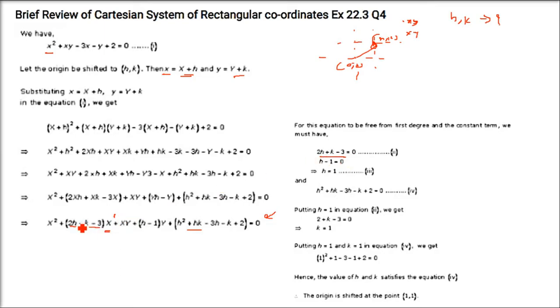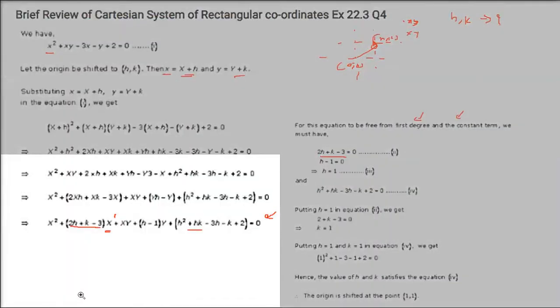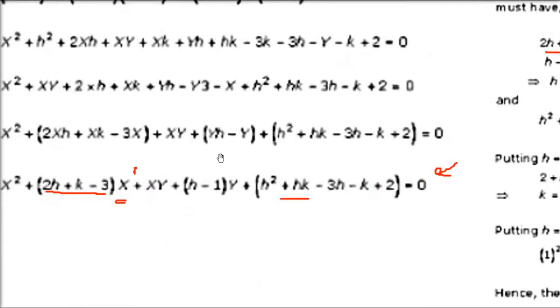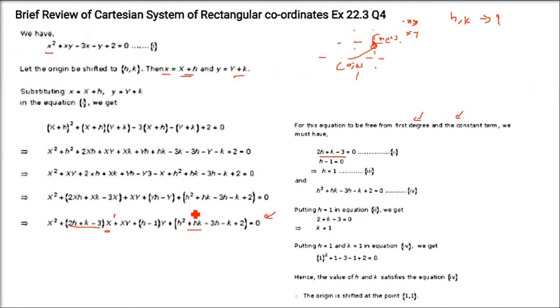So how are we going to deal with this? We have to put the coefficients of x and y, without any xy, as 0. So 2h plus k minus 3 has to be 0 first of all, right? This is the coefficient of x raised to 1, that is, the first degree term of x. And how about y to the power 1? h minus 1.